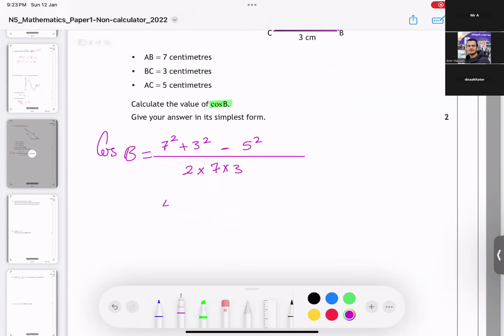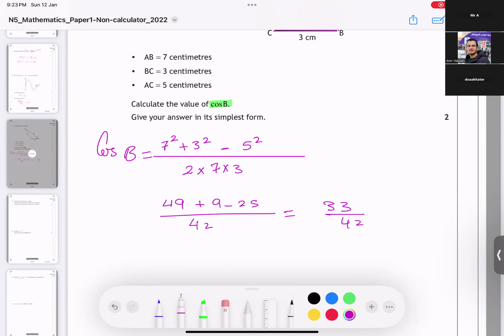So this one sounds like 49 plus 9 minus 25 divided by 42, right? Yep. So, wait, hold on. It's going to be 58 minus 25. So this one's 33 divided by 42. I need to make it simple.